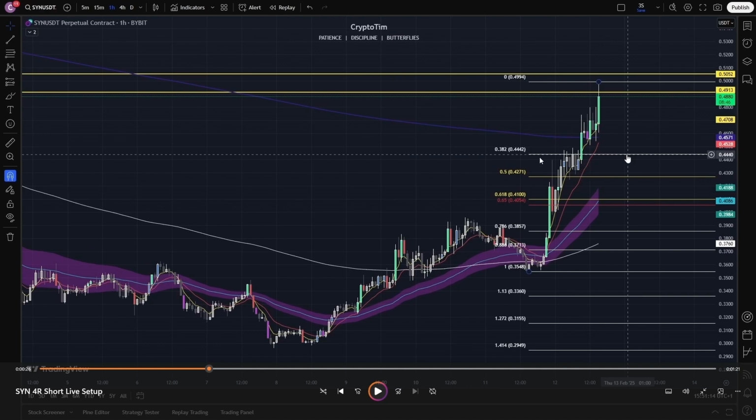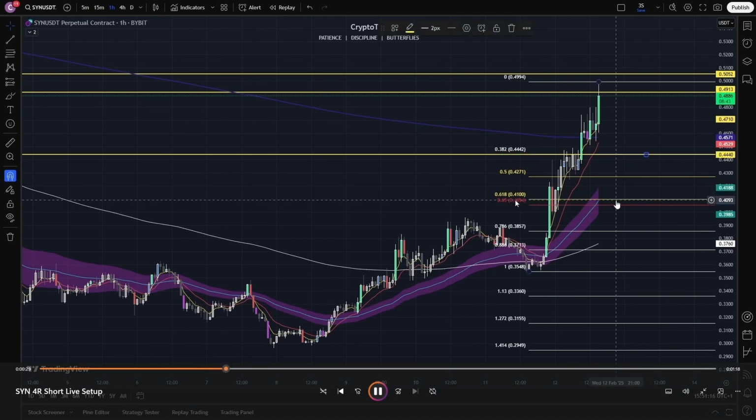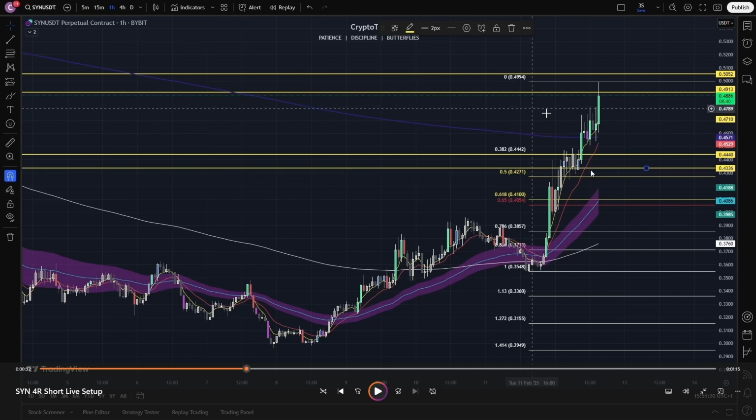And in between the 382 and the 05, there's another vector candle sitting. The other levels do not have vector candles. So for this scalping setup that I'm looking for, I'm not interested in these levels. I'm only interested in the 382 as there's a vector candle sitting there.